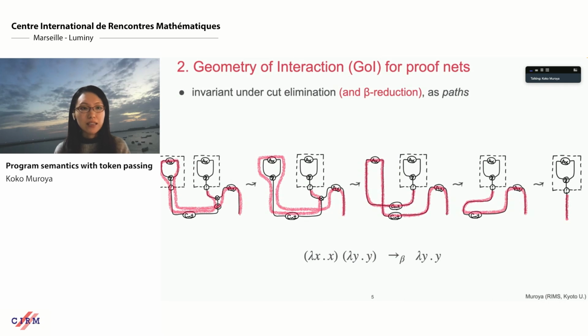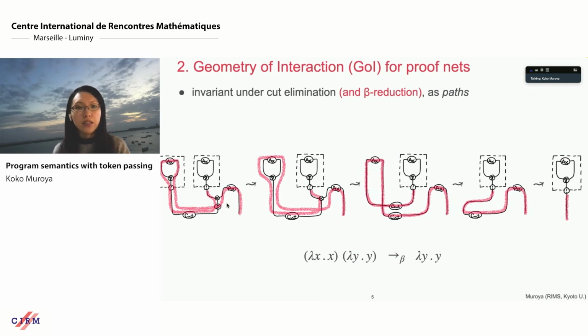What it does is to give an invariant under cut elimination. If we think about simulating lambda calculus, that means that geometry of interaction can provide an invariant under beta reduction. One characteristic of geometry of interaction is that the invariant can be seen as paths on proofnets.